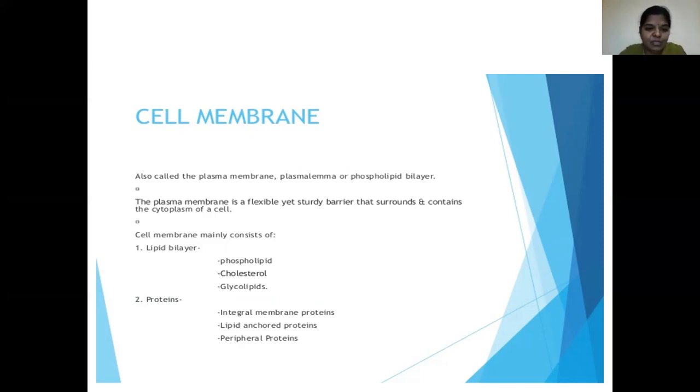The plasma membrane is a flexible yet steady barrier that surrounds and contains the cytoplasm of the cell.